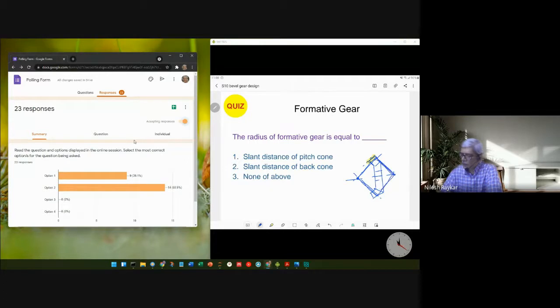So this is the back cone that we are talking about. And the formative gear is formed by developing the back cone side, so you get the tooth on the backside. Okay, so the correct answer is 2, not the first one.